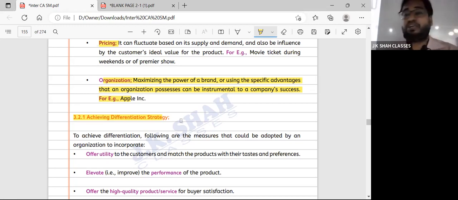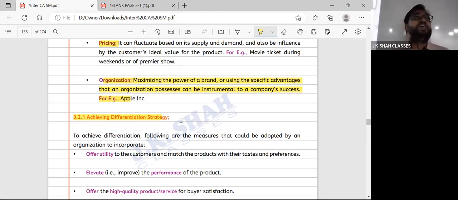It will be protected from viruses, from hacking, and from any corporate espionage, that is stealing of data. Nothing will happen. Our data will be protected. Is it matching my requirements? Yes. Am I happy with this? Yes. This is Apple. Offer utility and try to match the tastes and preferences of the customer.